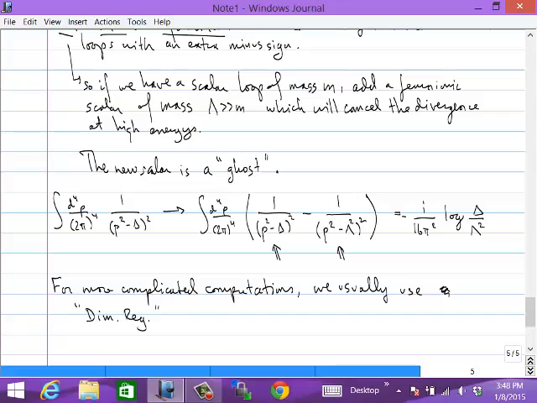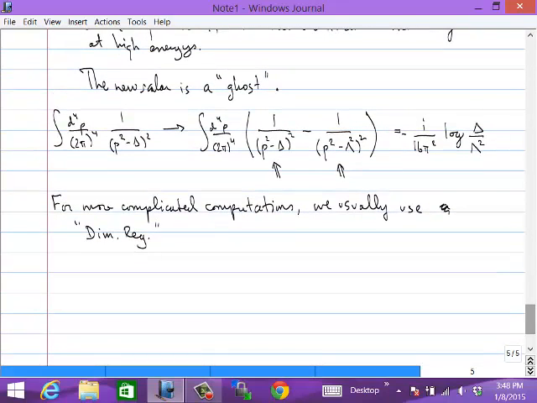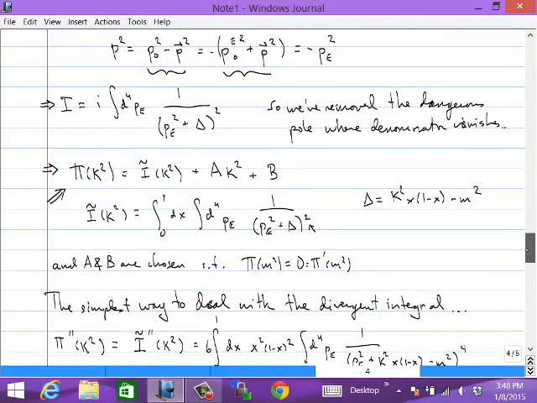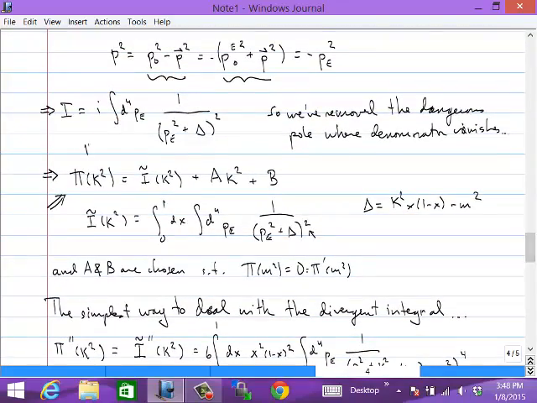Okay. So let's go ahead and complete our calculation of the scalar self-energy in phi cubed theory. So let me just remind you. This was our expression right here for pi. We had to do that complicated integral.